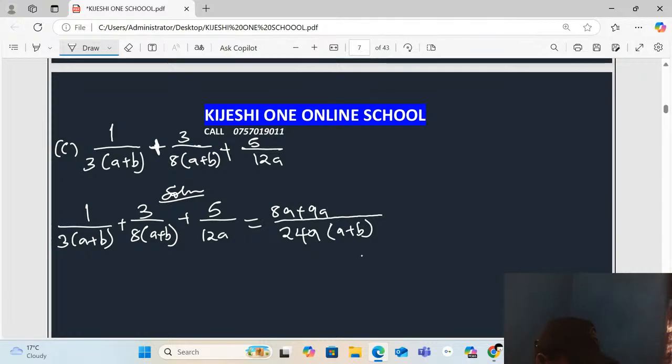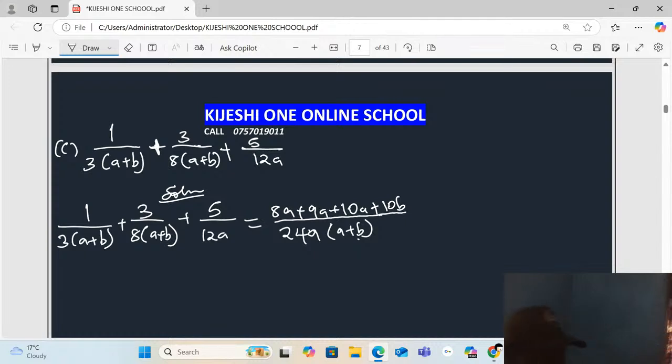Then plus, 12 into 24 is 2, and 2 times 5 is 10. A goes in once, so we remain with 10 plus 10A. Then we have another B, so 10A plus 10B.